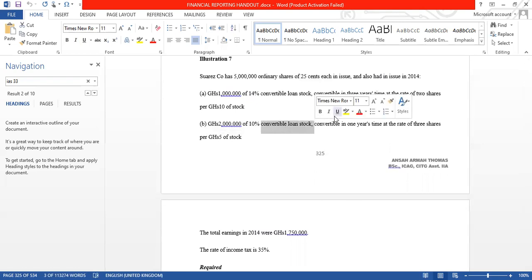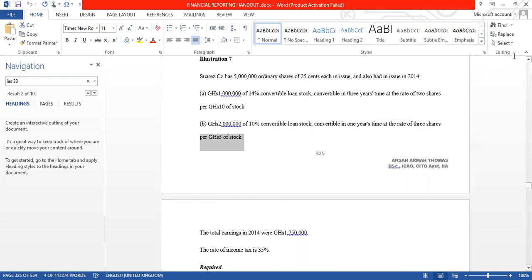Okay, and this one too is convertible in 1 year, and if they convert, will give them 3.